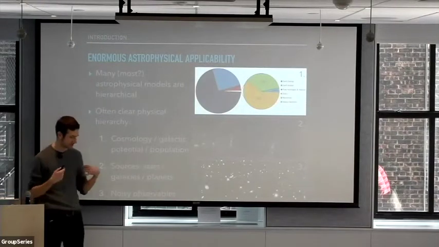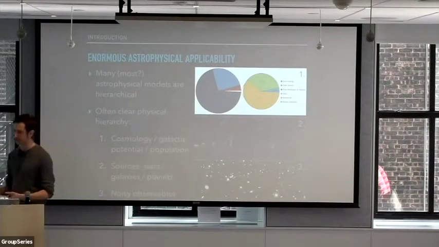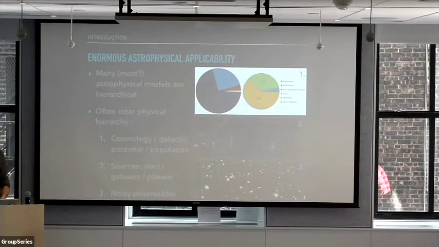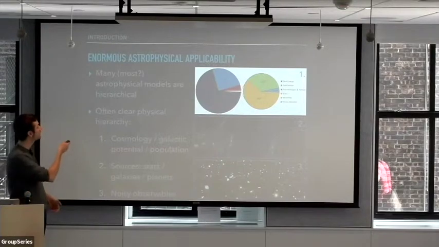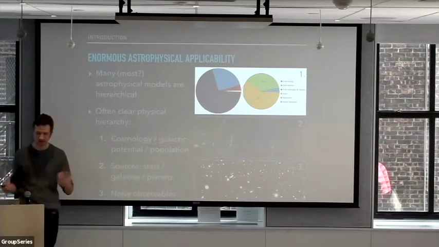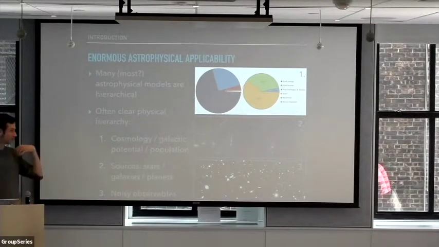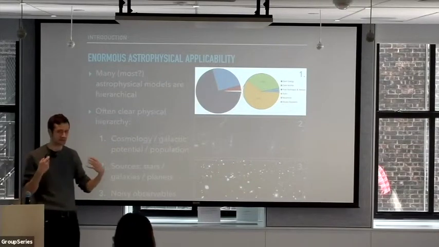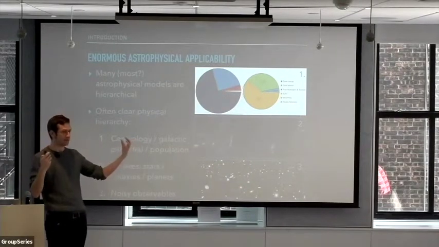And I think astrophysics in general is a hierarchical science, right? I really do think it's true to say that many or most astrophysical models are in fact hierarchical in nature. I'm a cosmologist, and when you think about cosmology, everything about it is hierarchical.